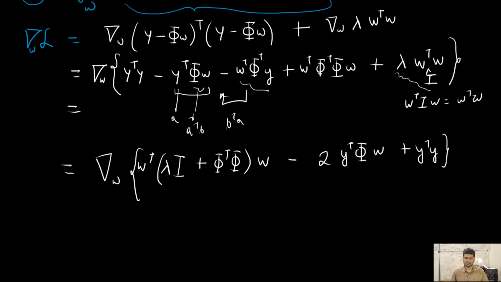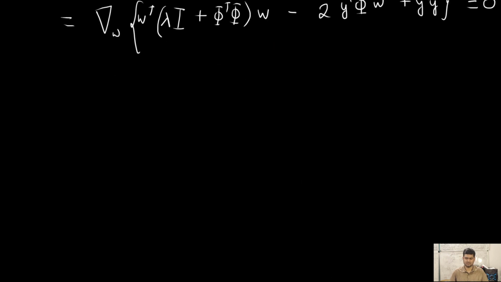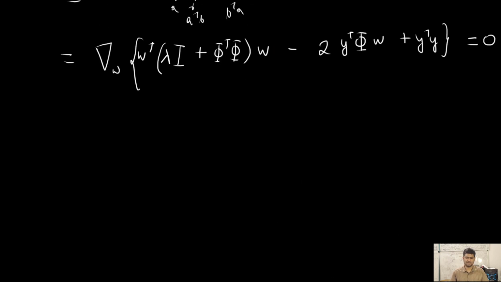And when we take the gradient, we set it to 0 to obtain the solution, the value of w that minimizes the loss function. So this is twice of (lambda I plus phi transpose phi) times w minus twice of phi transpose times y. If you remember our first lecture on least squares, we did this derivation.